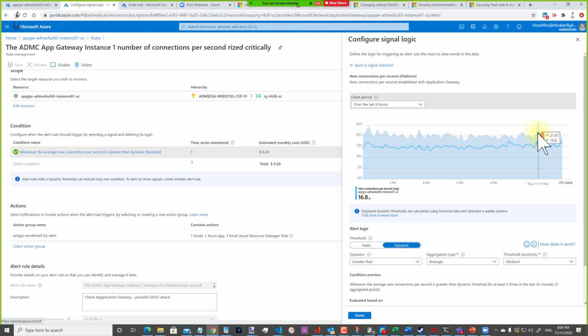So for now, based on the analytics inside Azure, for exactly this instance of the Application Gateway, I say medium. It means that if the number of connections goes up to 21, it looks like something happens, because the typical scenario is this one. Or I can say high, you see it's more sensitive with a smaller number.